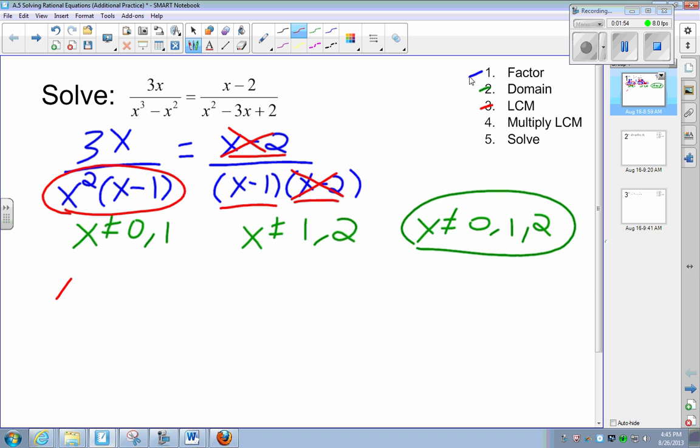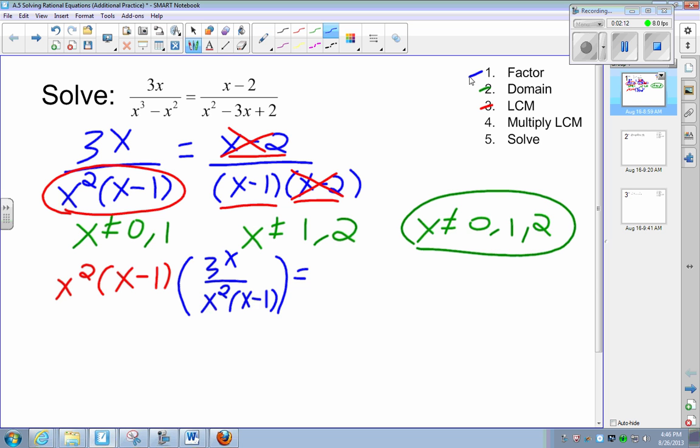So we're going to get x squared times x minus 1, and all that's multiplied by 3x over x squared times x minus 1, is equal to x squared times x minus 1 times 1 over x minus 1.